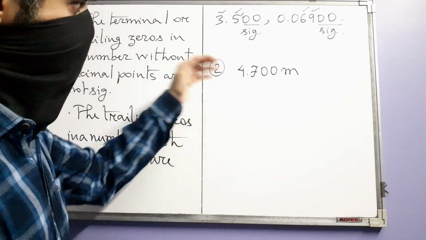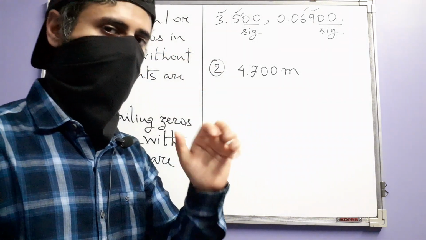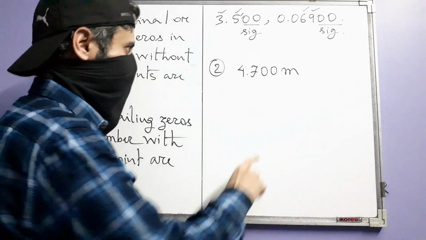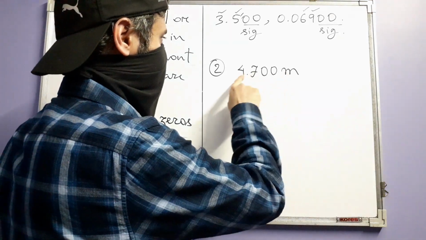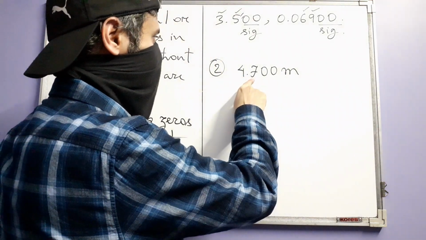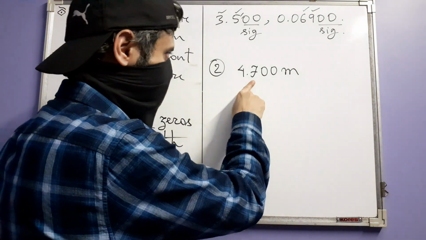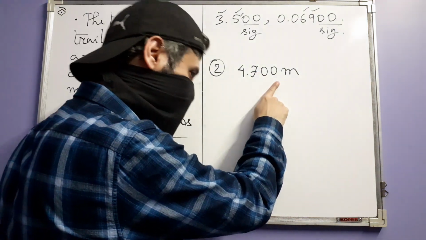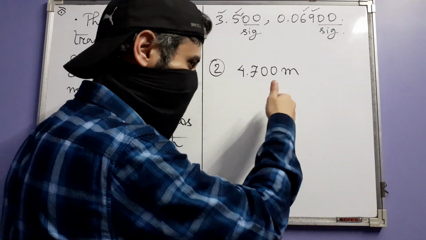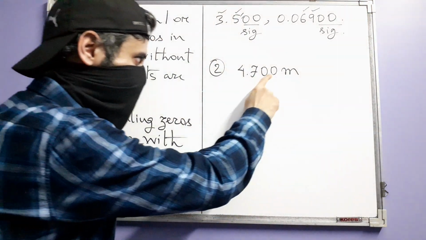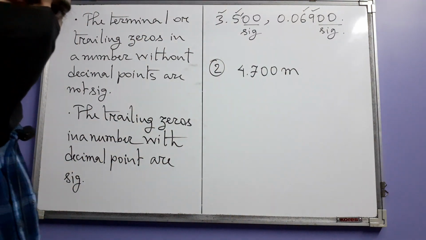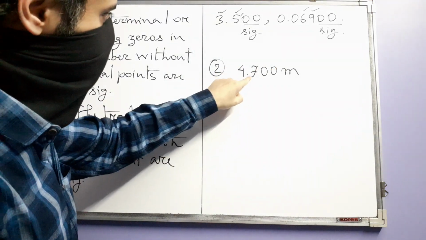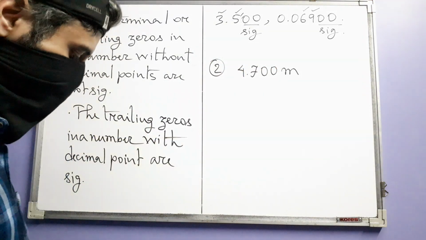It tells you that whatever measuring device has been used to measure this length of whatever object can accurately measure 1 meter, 1/10 of a meter, 1/100th of a meter, and actually 1,000th of a meter as well, but it cannot go beyond that. That is why these extra zeros. Okay, so here there are 4 significant digits, 4, 7, 0 and 0.